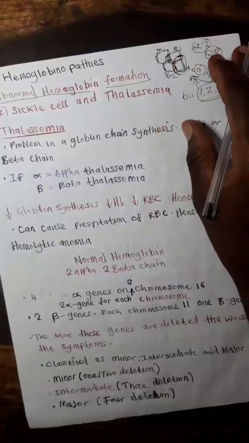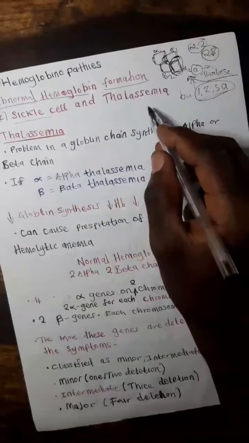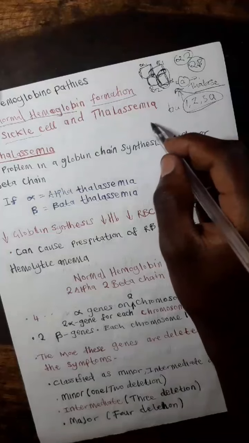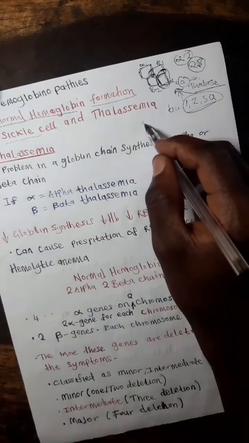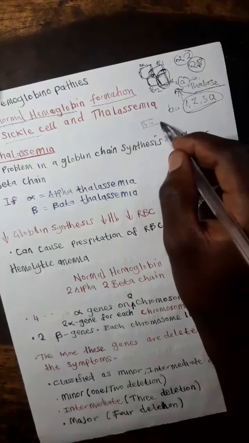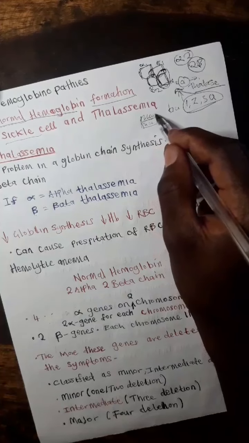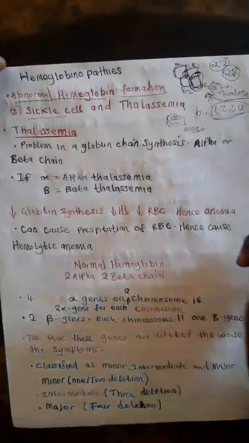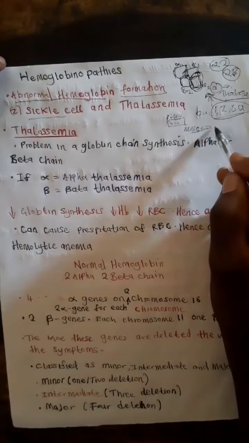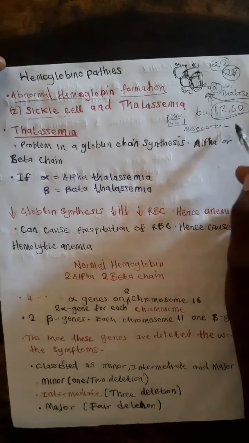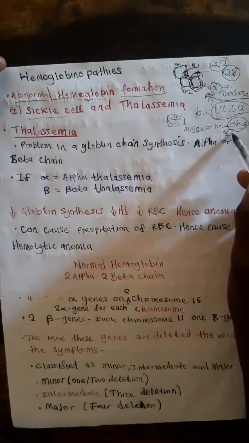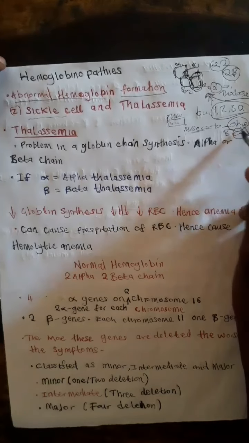This is thalassemia. Now when you talk about the sickle cell, simply, there is no losing of the globin chain, but there is a mutation, the missense mutation, which leads to the formation of another amino acid in the globin chain.